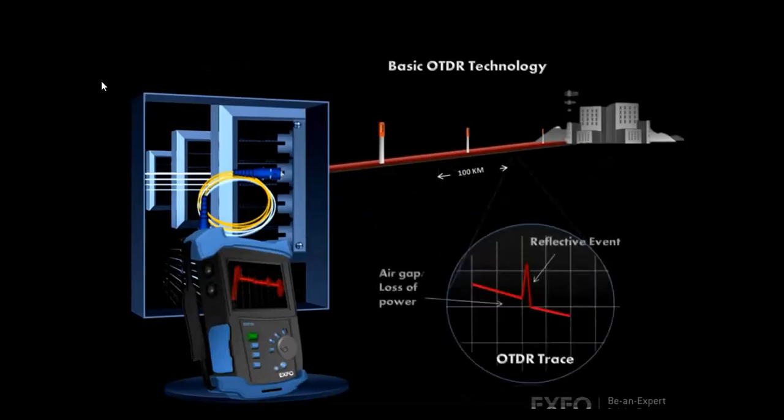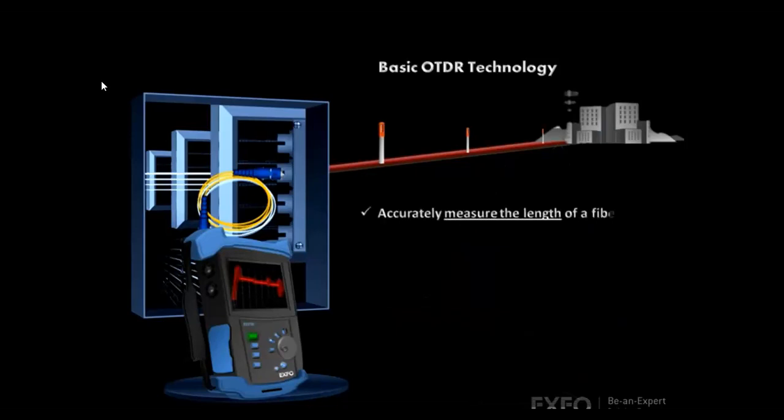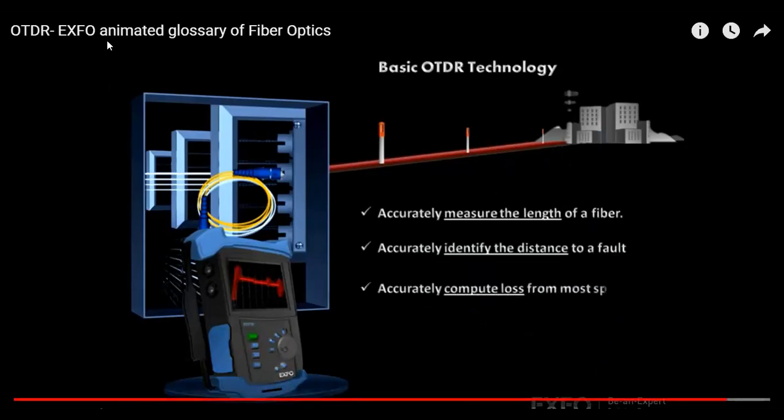All reflective events are detected and measured for reflectance, power, and distance. Finally, the far end connection is detected and measured. The OTDR is a versatile and valuable field instrument in the construction and maintenance of a fiber network.